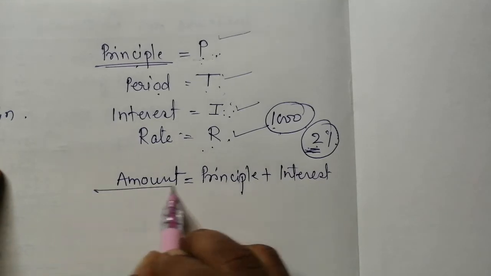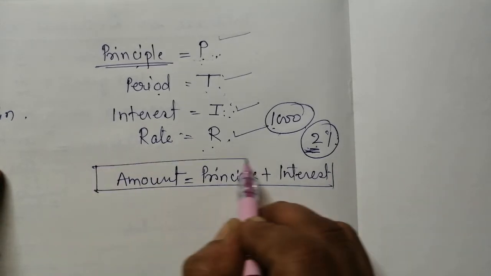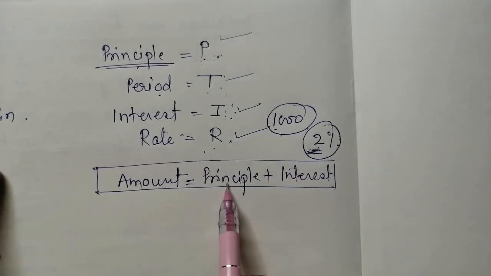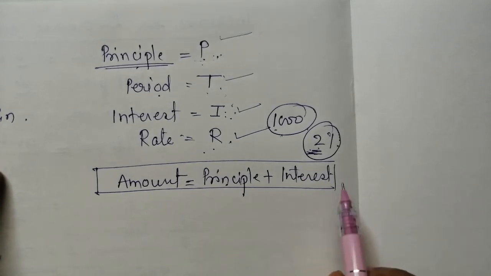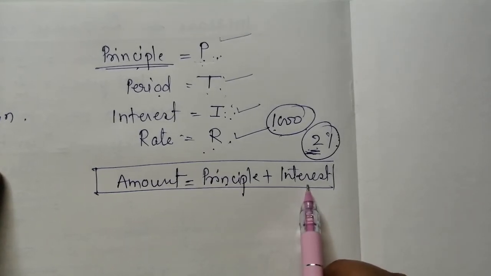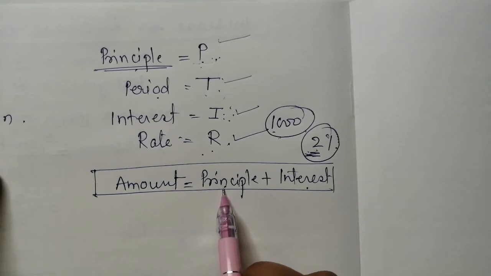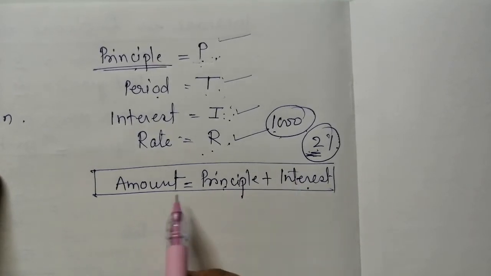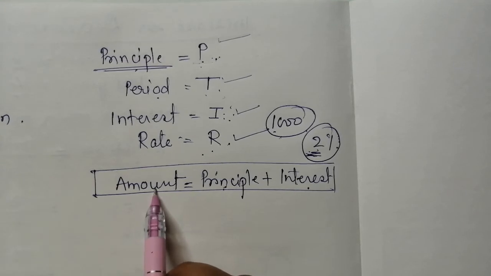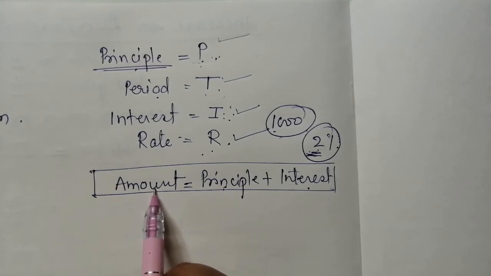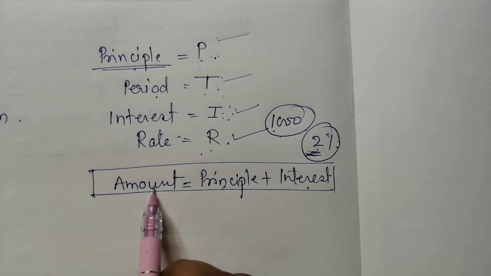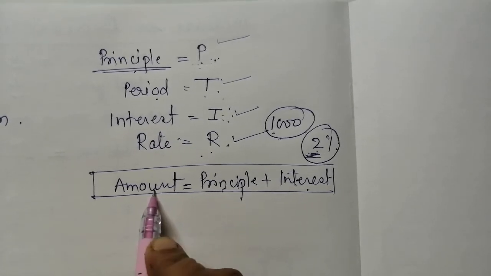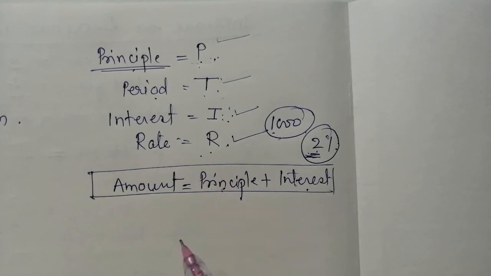This is another formula. Principal is the amount you have borrowed, and interest is the extra amount you pay for using it. So principal plus interest is the amount you pay at the end of your period. It may be 1 year, 2 years, it is up to you.